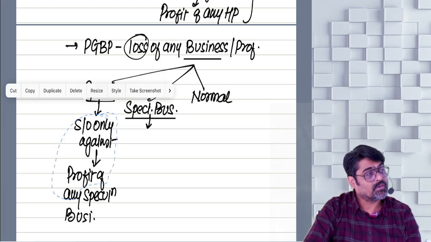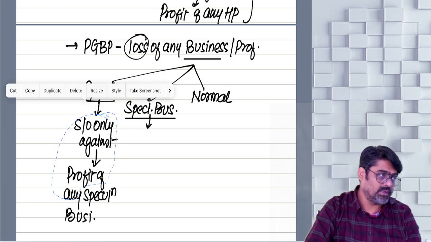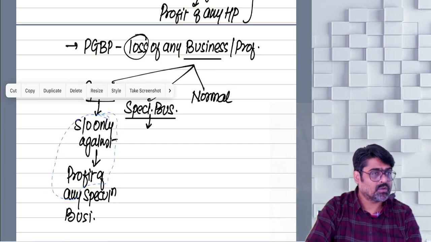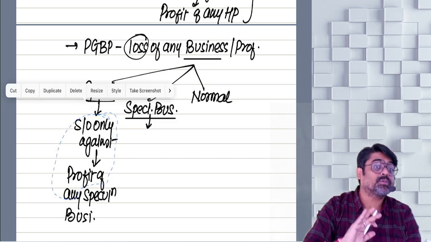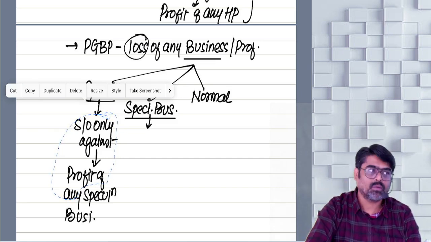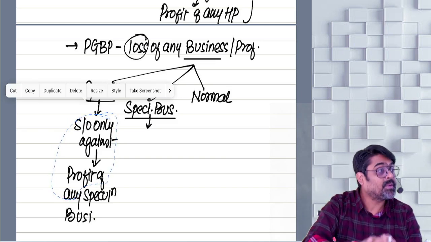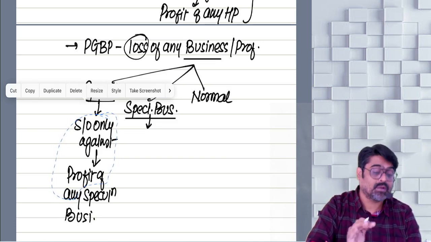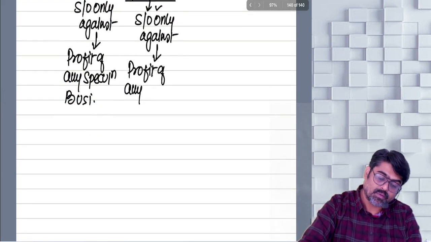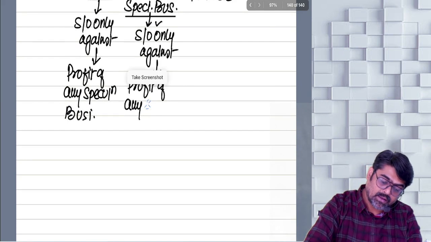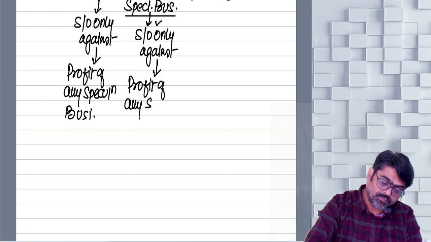So can any business give you a loss? Yes, any specified business can give you a loss. And the loss of any specified business, there is a restriction: it cannot be set off against profit of any business. No, not allowed. Under the head PGBP, if you want to set it off, it can be set off only against profit of any specified business only.